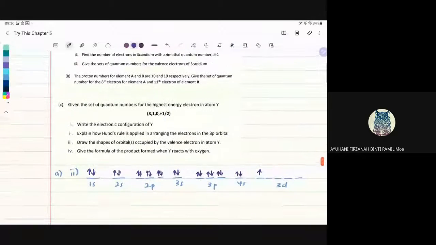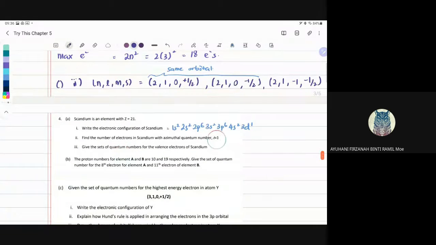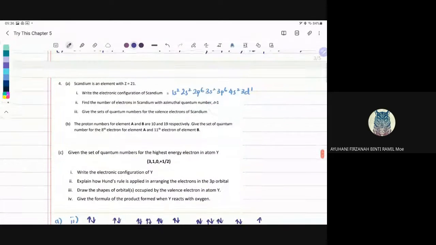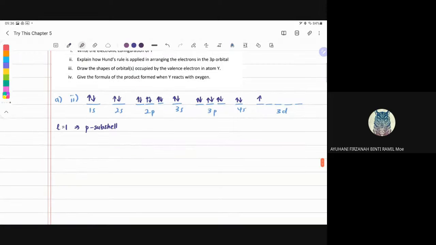So kalau kita nak cari, dia tanya quantum number L equals to 1, iaitu dia punya angular momentum. L equals to 1 ni sama dengan P subshell. So dia tanya ada berapa elektron dalam P subshell. So kita tengok yang inilah. 1, 2, 3. 1, 2, 3.